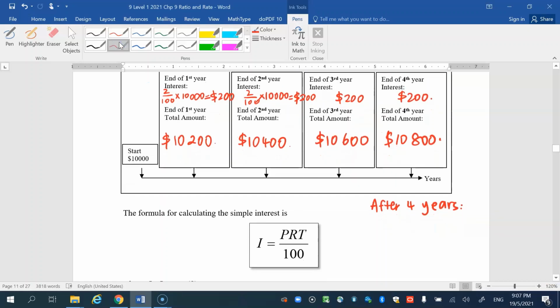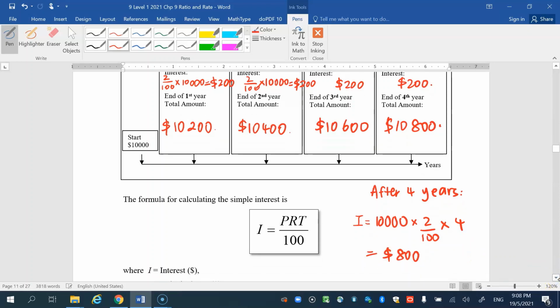What you're doing is this. To find the interest for 4 years, right? You're going to find 10,000 times 2% times 4, because it's 4 years, right? Then you get your total interest is $800.